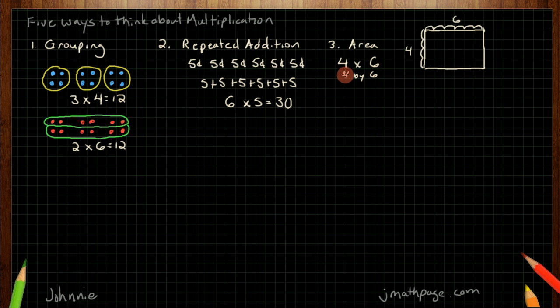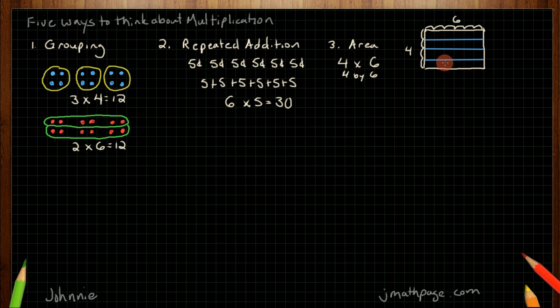Now, what does that mean, though? What is the area inside? Well, let's work that out. I'm going to find out how many squares there are by breaking this big rectangle into smaller ones, and finally finding all the squares. So right now I found out that I have 1, 2, 3, 4 rows.